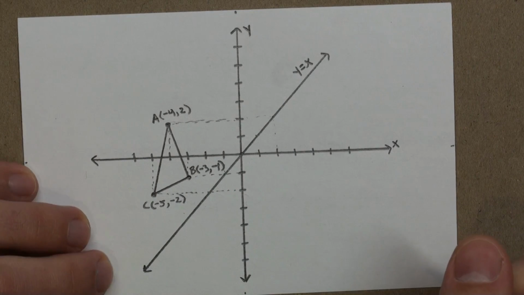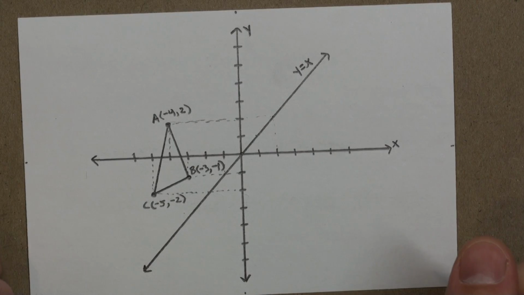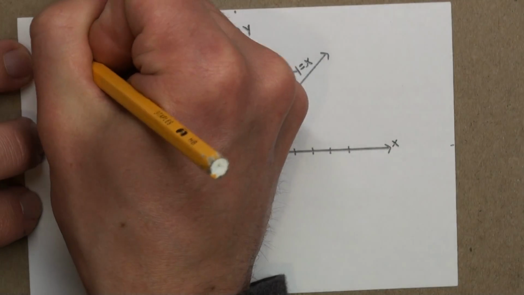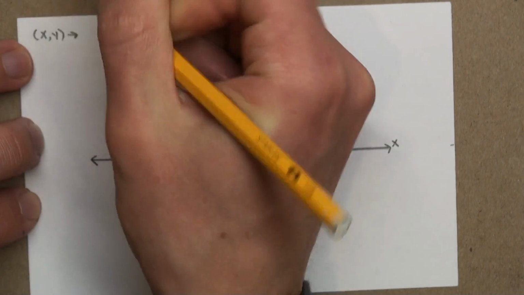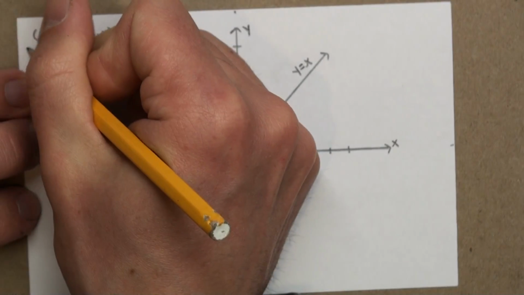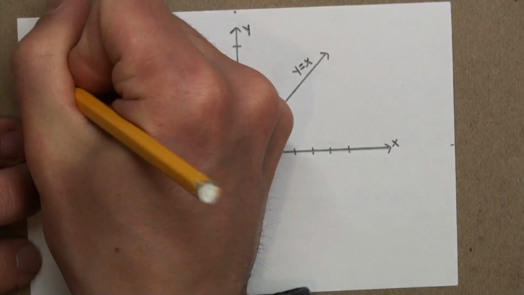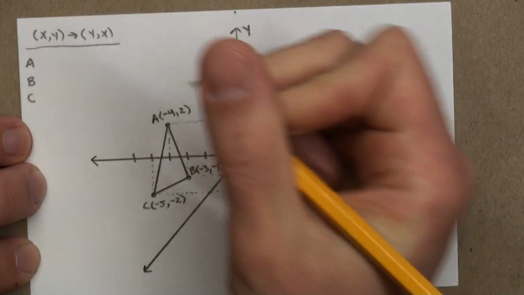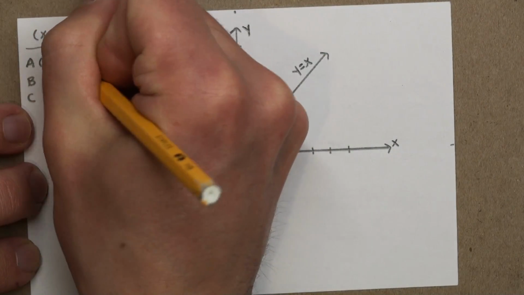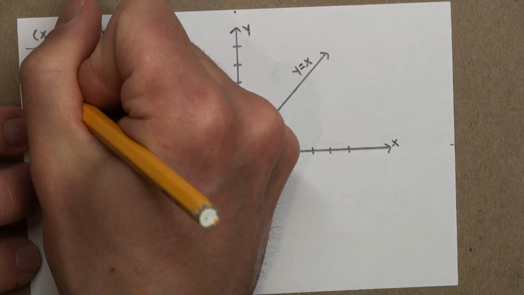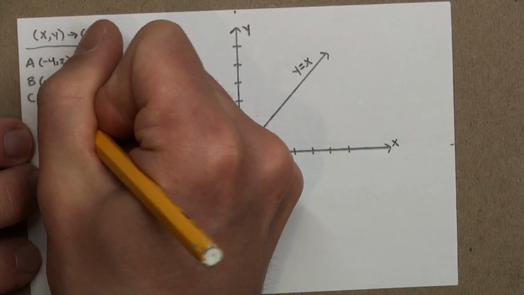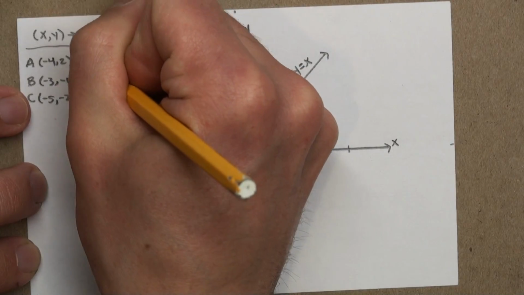So, according to our rule, which says that x comma y will become y comma x, we have A, B, and C. We have -4, 2, -3, -1, -5, -2.